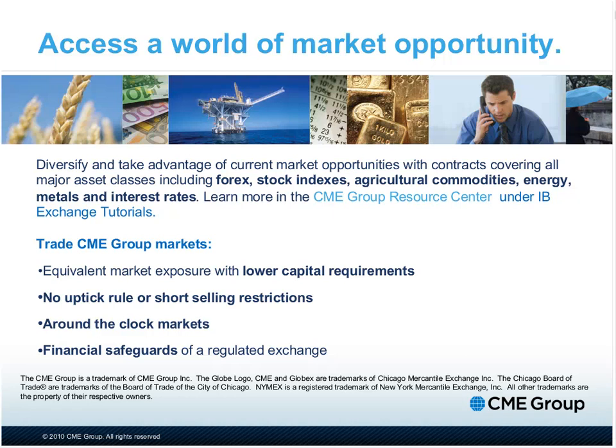Around the clock markets: more and more as you look at earnings announcements and different things that are going on, and as our markets become more and more global and there's more and more activity and movement during European and Asian hours, the benefit of being able to manage risk in the marketplace is becoming more and more relevant, and futures do offer you that around-the-clock market ability to be able to trade virtually 24 hours a day.